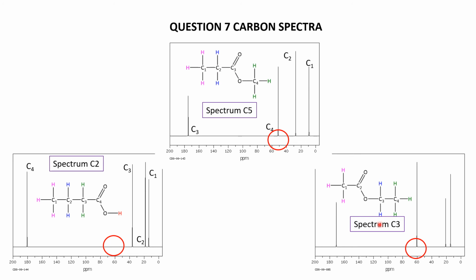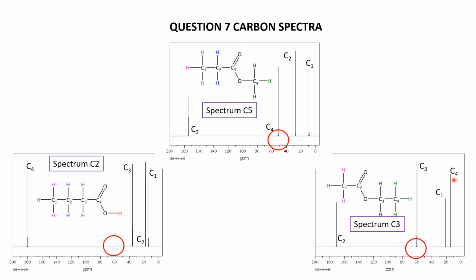Now let's do the same thing for our assignment of C3. Again, the very far downfield peak will be the ester one, which in this case is C2. The oxygen bonding to C3 right there, so that's the C3. And then of these ones here, I would imagine that C1 is the one closest to all the electronegative action, so I'd say that one's C1, and that one is C4.